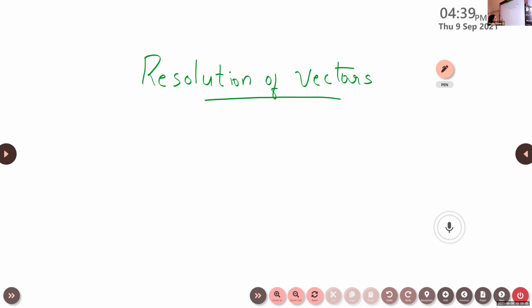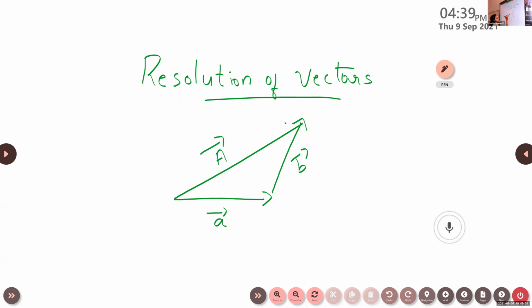So as we discussed earlier, suppose we consider a vector A with a magnitude small a, and another vector, vector B, with a magnitude B. Then according to the triangle law of vector addition, the third side represents the resultant vector.